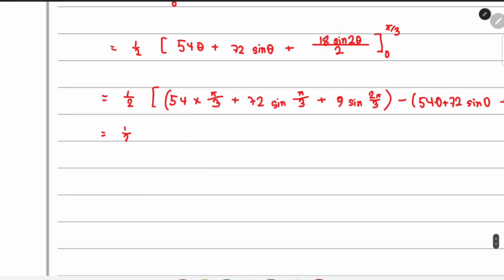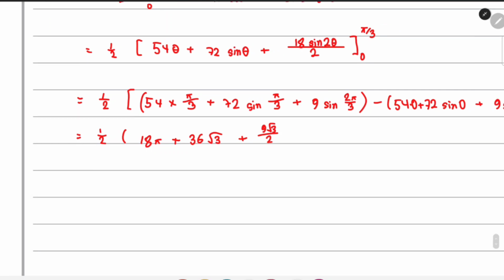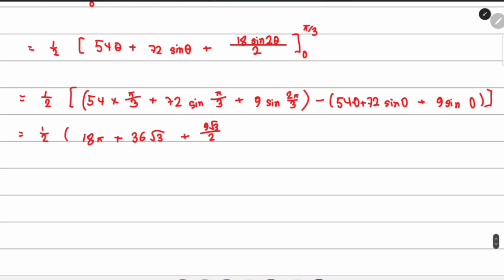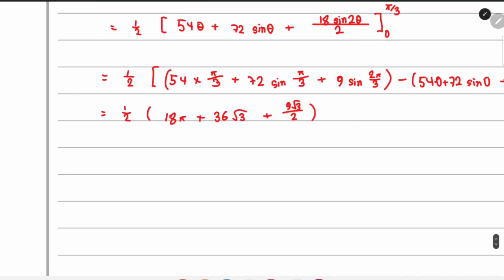This becomes half, 54 pi by 3, which is 18 pi, plus 72 sine pi by 3, which is 36 root 3, and finally 9 sine 2 pi by 3, which is 9 root 3 by 2. And then we have minus 0 from here, so it won't affect anything.